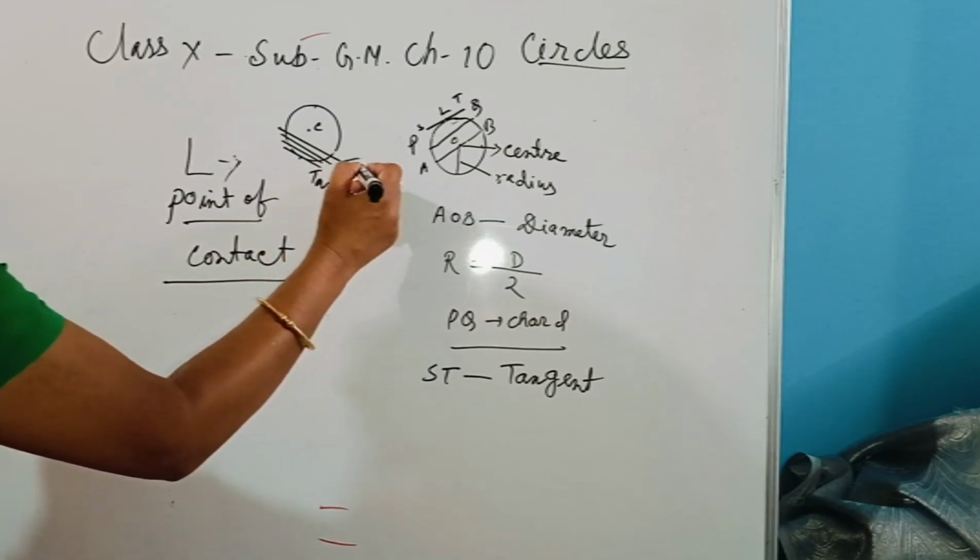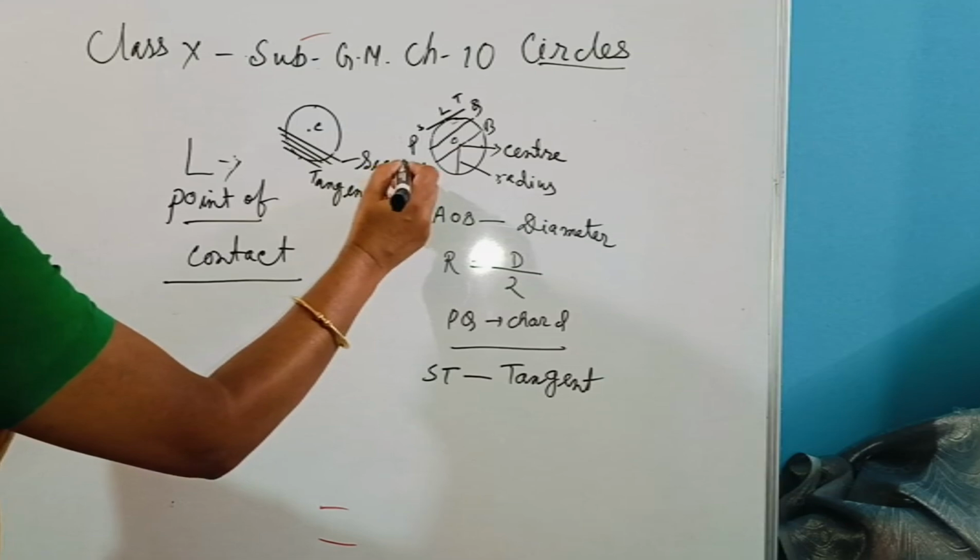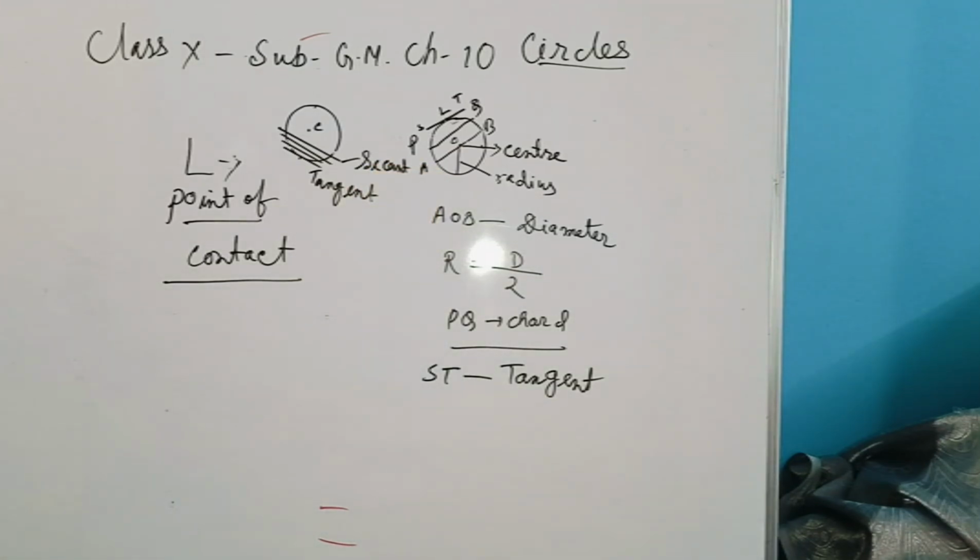What is this? It is a secant, SECANT. That means a secant may be a tangent, but a tangent may not be a secant. This is the special case of a secant. Okay.